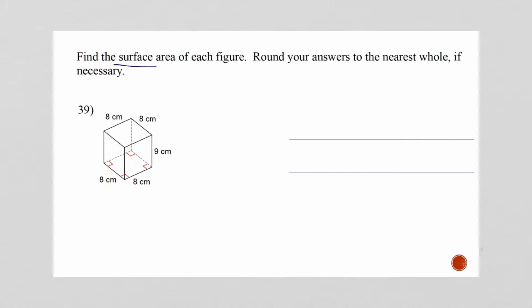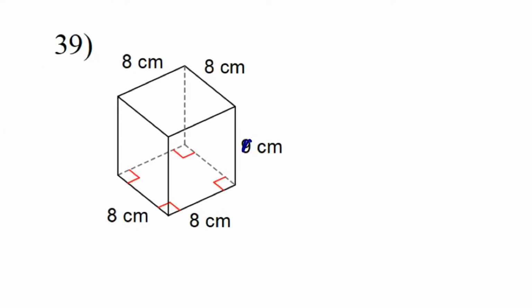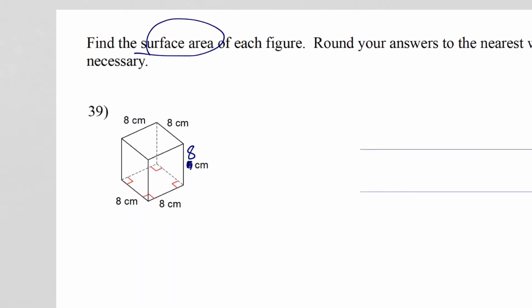39 is asking us to find the surface area. So I couldn't find a question just like the one on the final. The one on the final gives you a cube, so I'm going to make all of the sides measure the same. And so the formula for surface area of a cube, when we were going over the review, I think I gave you guys the wrong formula when people were getting those extra credit points to give me the correct formula.